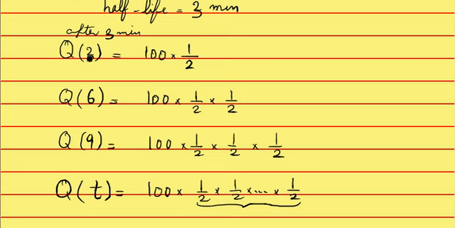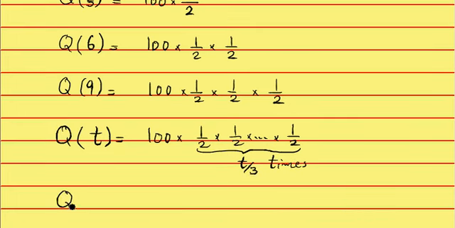Here is your clue: 3 minutes, 1 time. 6 minutes, twice. 9 minutes, 3 times. If it is t minutes, how many of these should I do? Of course, the number you have here is 1/3 of the number of minutes you have waited. So this is t over 3 times the number of times you are multiplying.